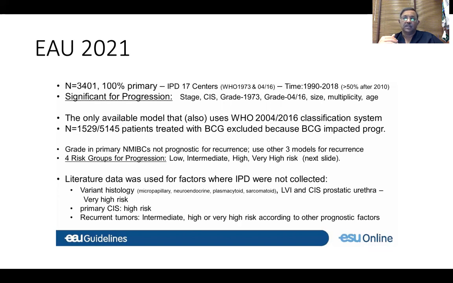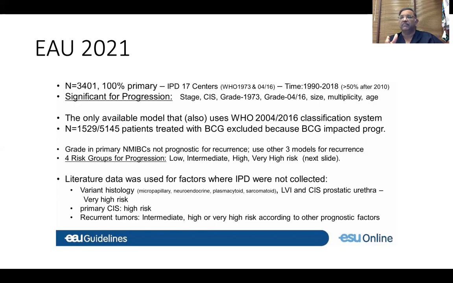One of the differences between this and the previous model is that they have categorized patients now between low, intermediate, high, and a new category, which is a very high risk patient. Now, why this new category was introduced is because even in the high risk category, the patients behave differently.